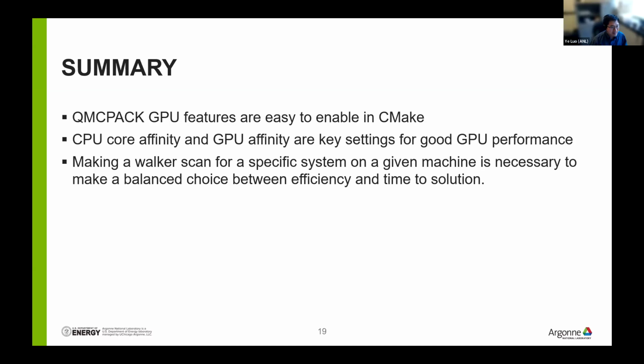So in that scenario, I would highly recommend you just buy the cheap gaming GPU with a decent amount of VRAM, and I found it's a good investment, I would say. So that's the reason why, as I mentioned earlier, QMCPACK supports all kinds of GPUs. We allow you to make a choice for your need.